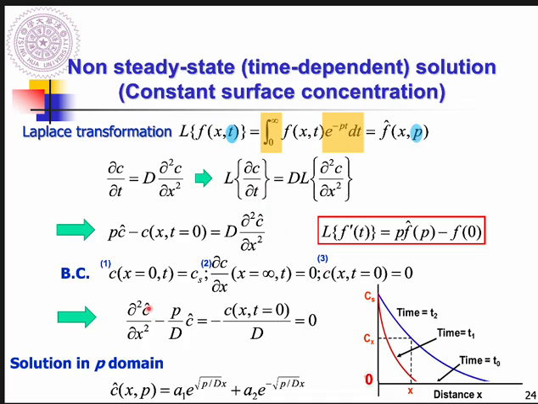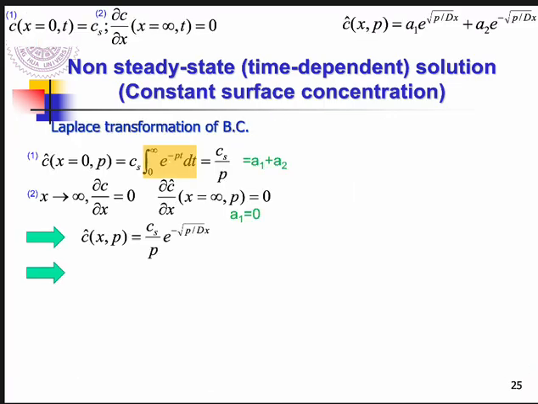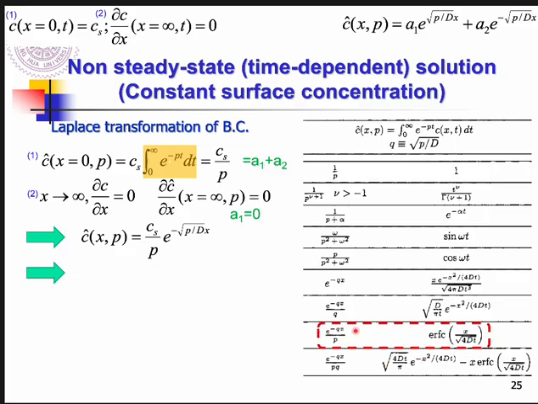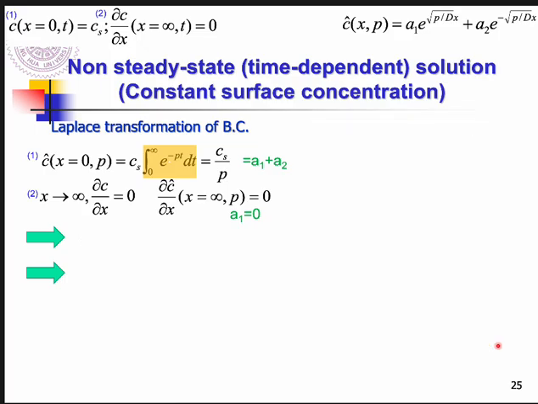We are going to get the concentration profile after Laplace transformation. Then we are going to use the solutions we find in P domain and convert it back to T domain. This is the solution in P domain, then we convert it back in T domain. So this is how we deal with it.